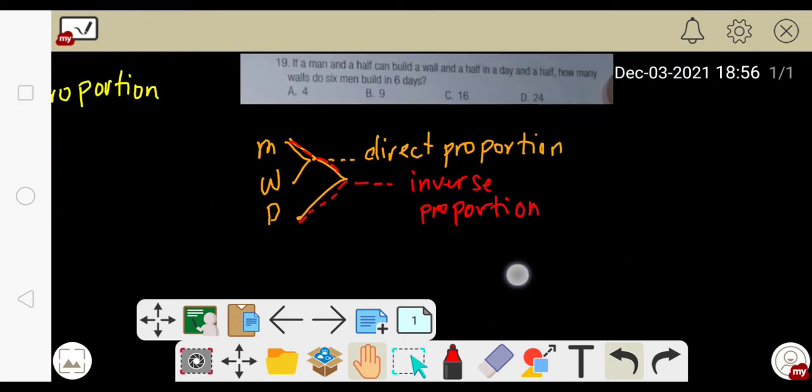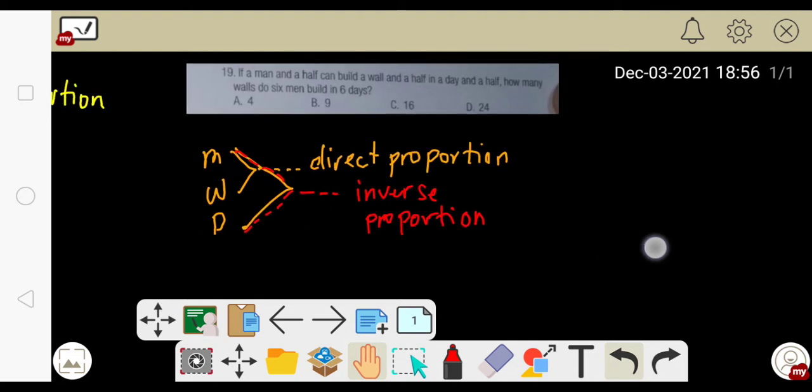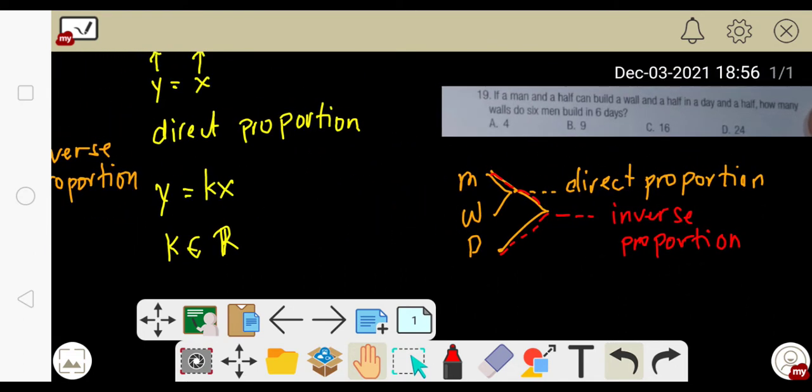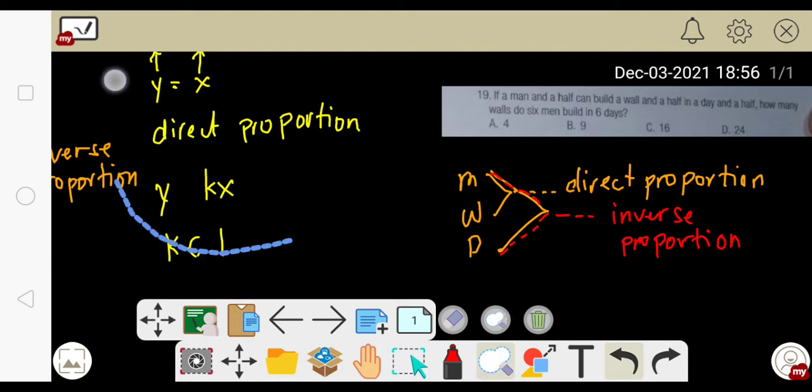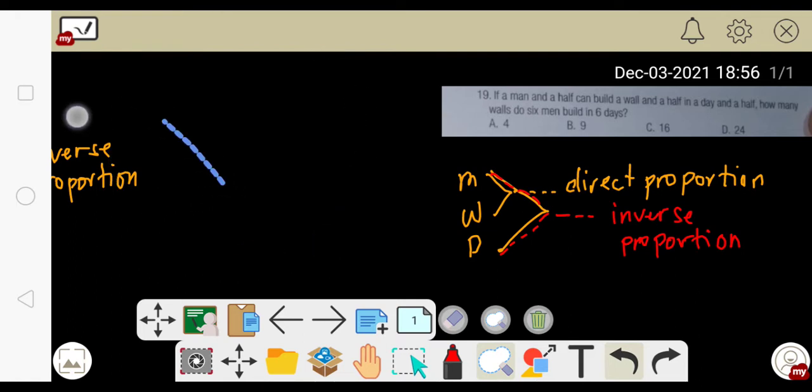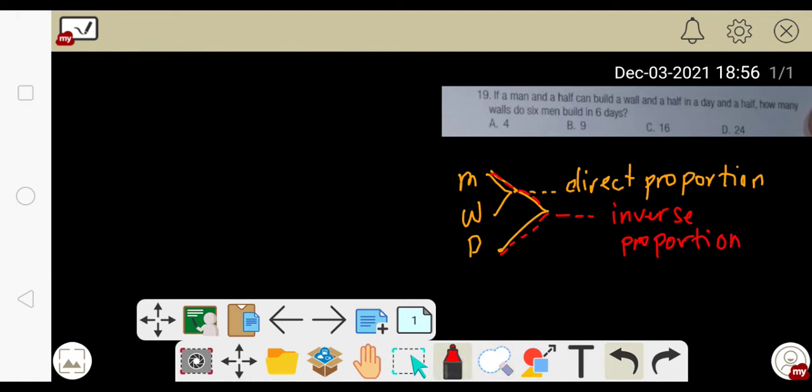So now we got, if 1 1/2 men can build 1 1/2 walls in 1 1/2 days.